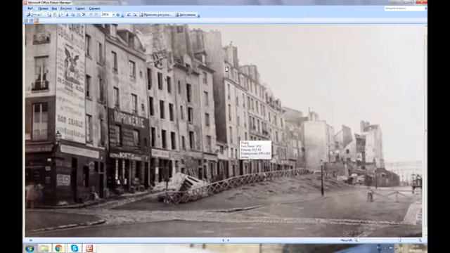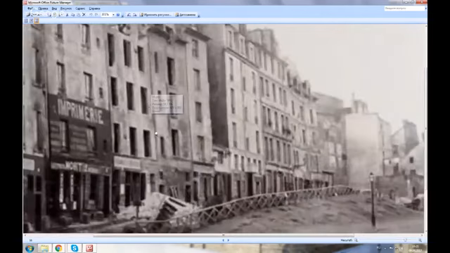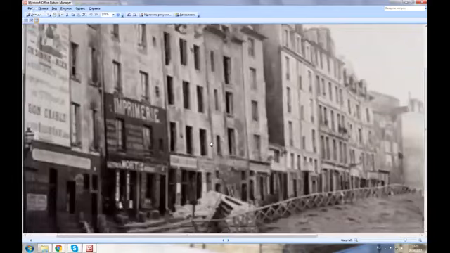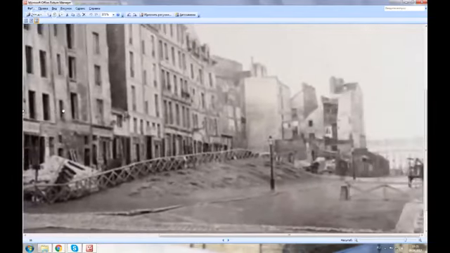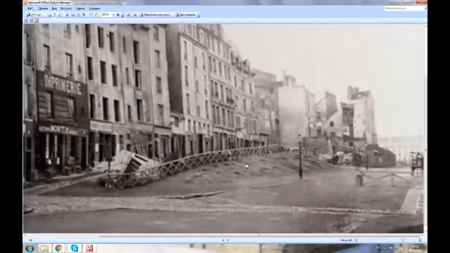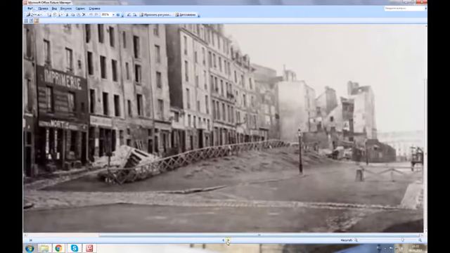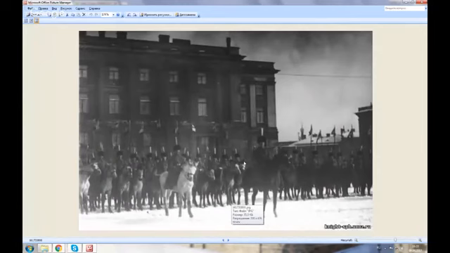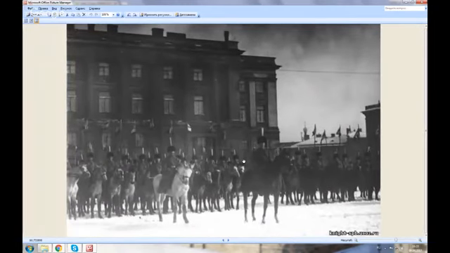4- and 5-story buildings with no windows in them. Look at it. Something strange here. Another example of a picture from the beginning of the 20th century with people on it.